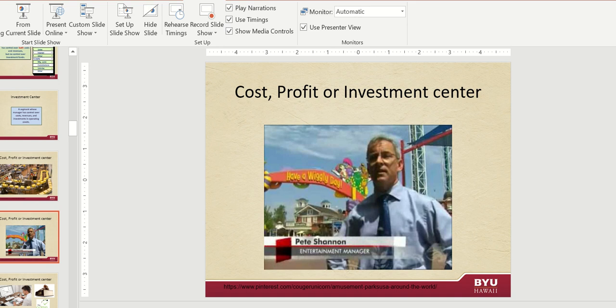Is this a cost, profit, or investment center? I would say this is probably a profit center because he has control over maintaining the rides and the expenses of employing the employees. He also has control over the sales that are made that day. But this specific manager probably doesn't have the control to invest in a new amusement park. There's probably somebody higher than him that has that authority.